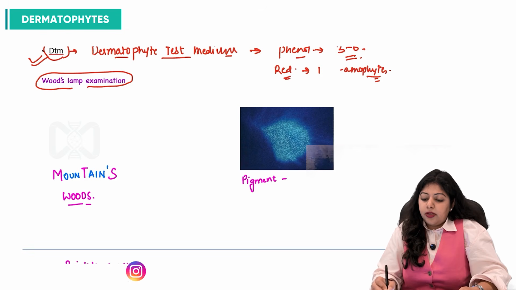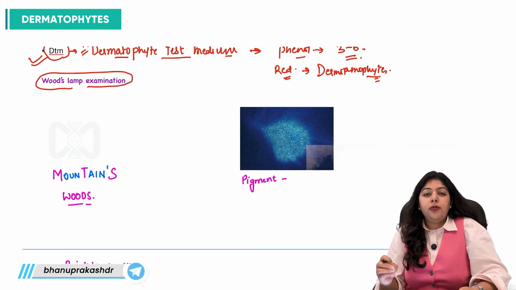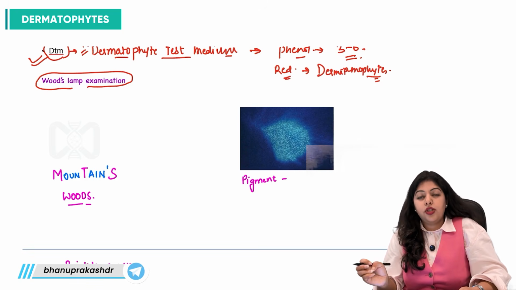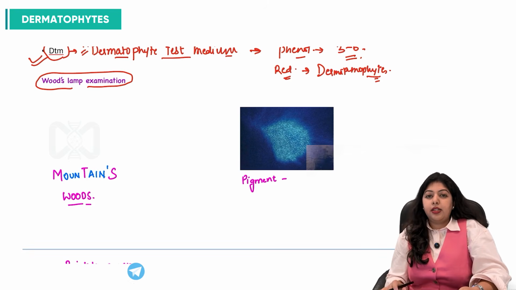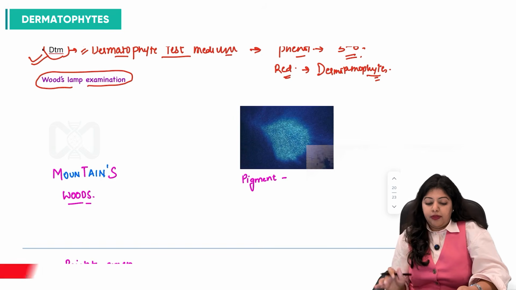This helps us in presumptive identification of dermatophytes. The medium turns red in around 3 to 6 days, which is a specific feature of certain dermatophytes, again helping us in presumptive identification of the dermatophytes, right?